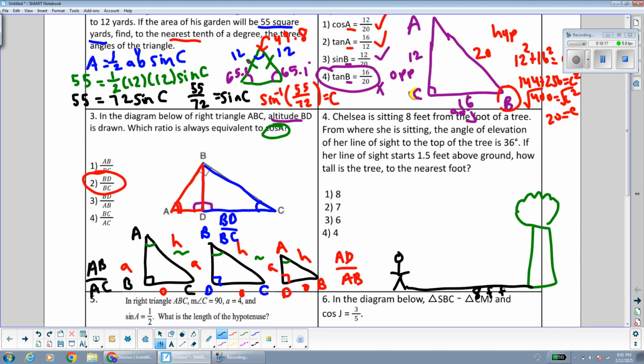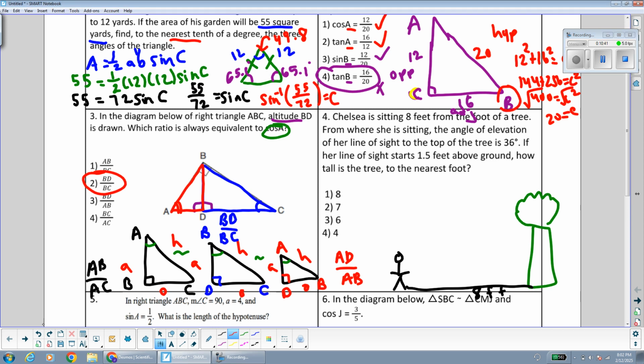And Chelsea's 8 feet from the foot of the tree. From where she is sitting, the angle of elevation of her line of sight to the top of the tree is 36 degrees. If her line of sight starts 150 feet above the ground, how tall is the tree to the nearest foot?